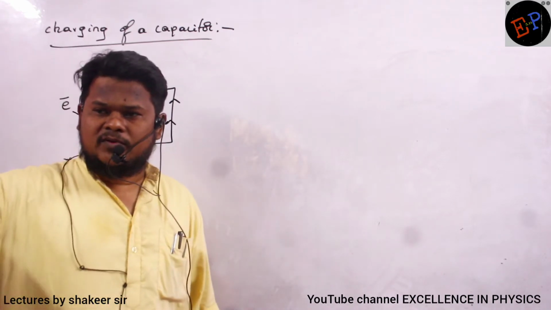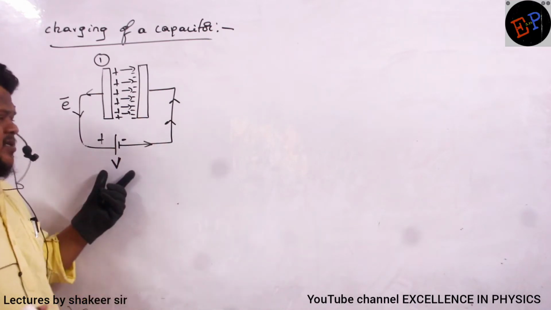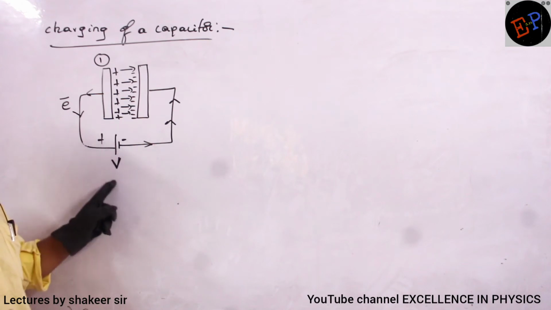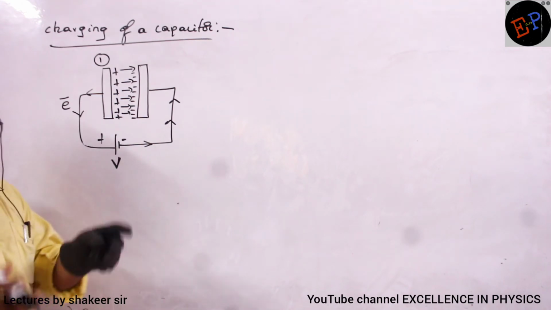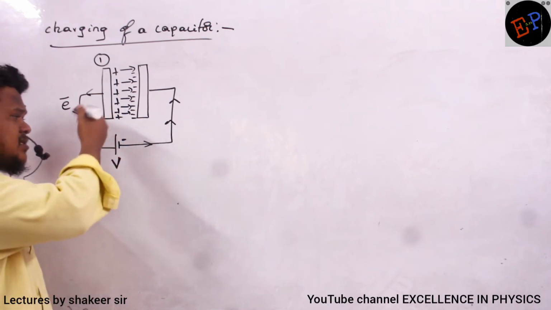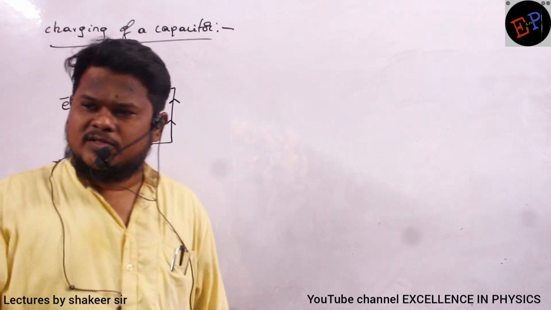These charges will flow to the second plate up to which time? Until it gets the same potential difference as that of the battery. The battery has a potential difference of V, so the same potential difference should develop between the plates of the capacitor also. Until then, the transfer of charges will continue. After that, the transfer of charges will stop.